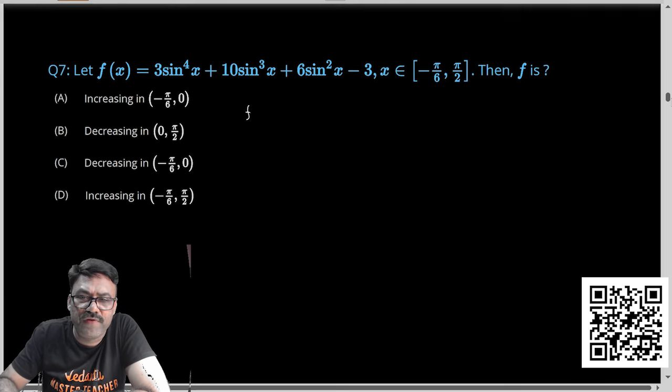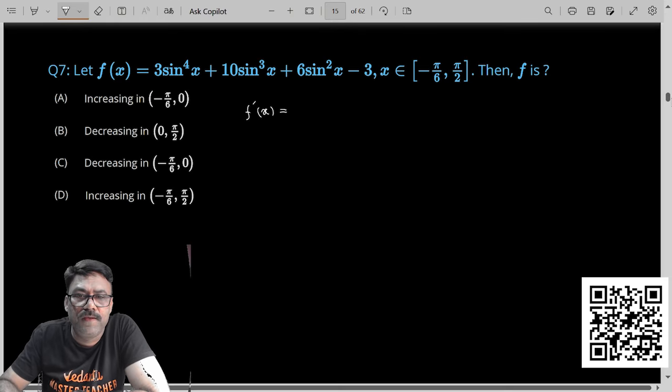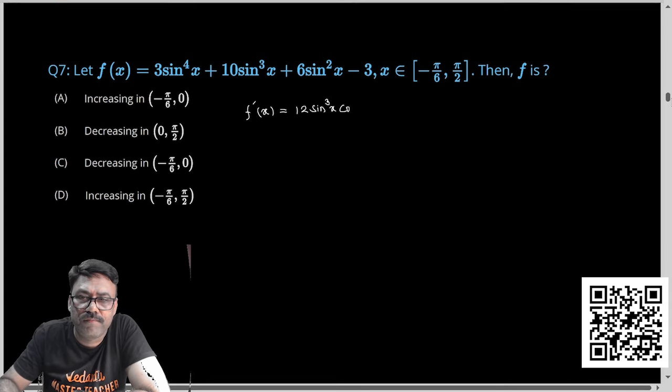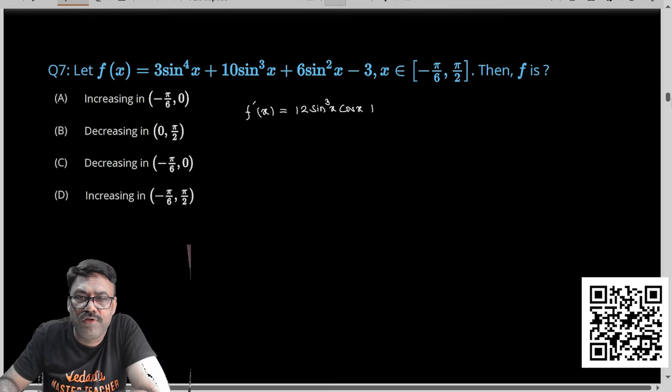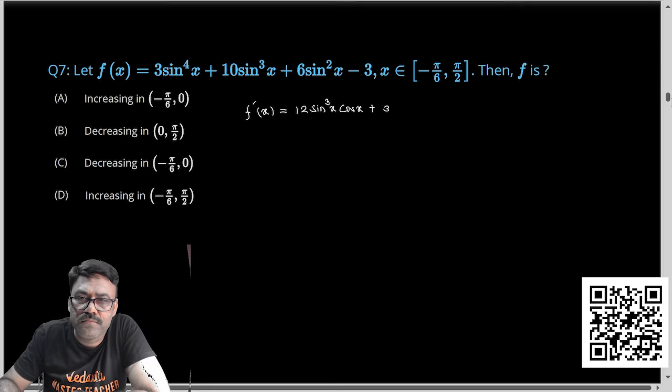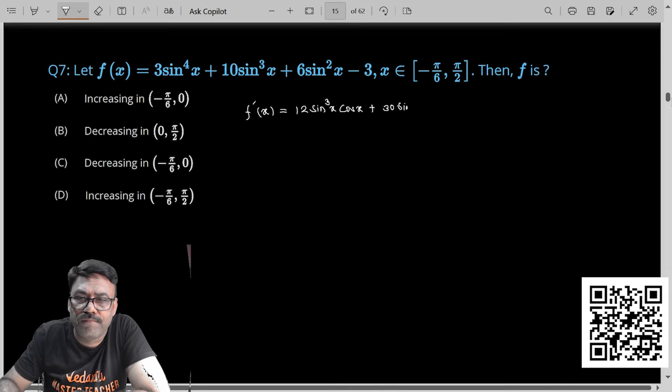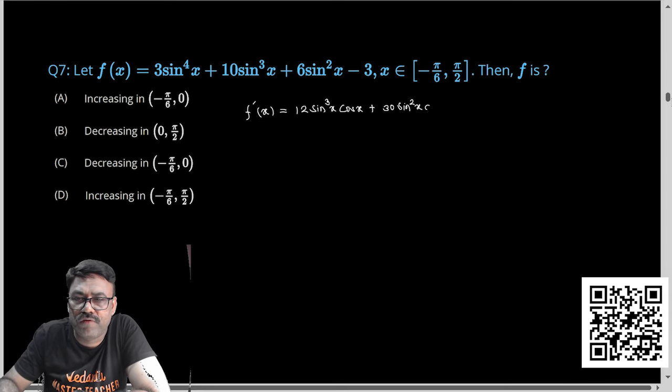So if I differentiate it, f dash x, I will get 12 sine cube x into cos x. Then I will get 30 sine square x into cos x.